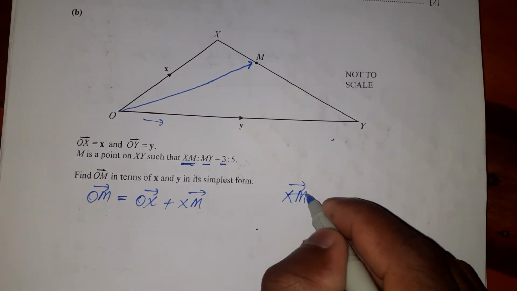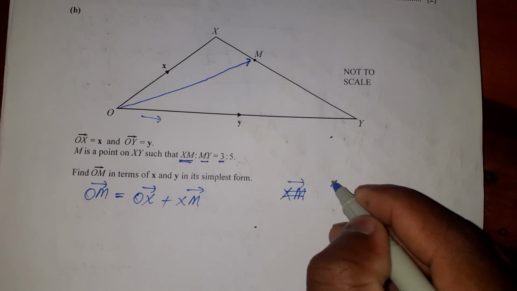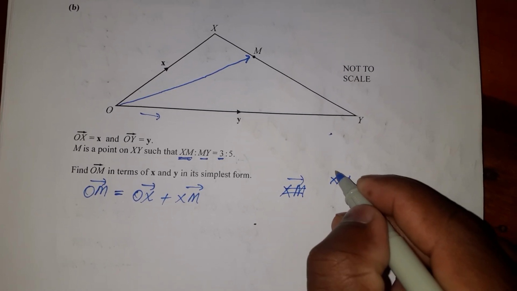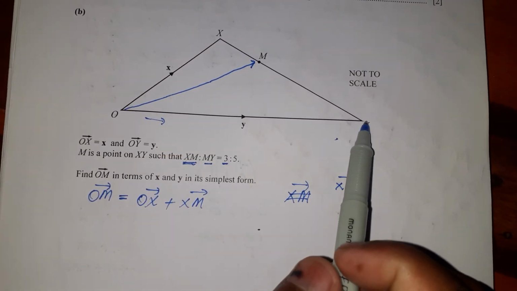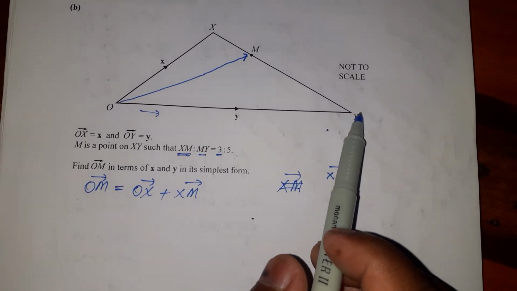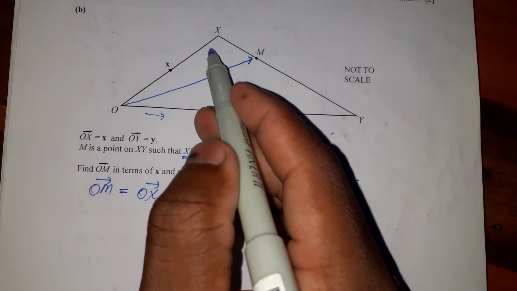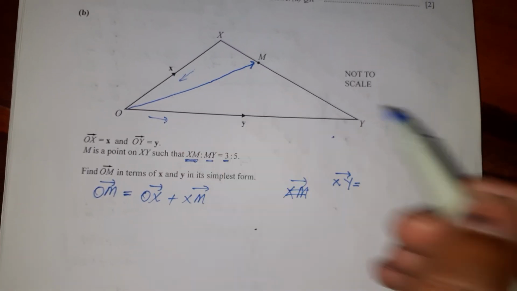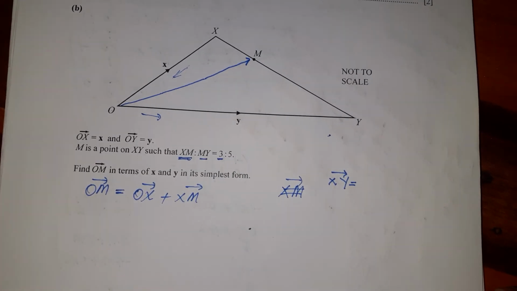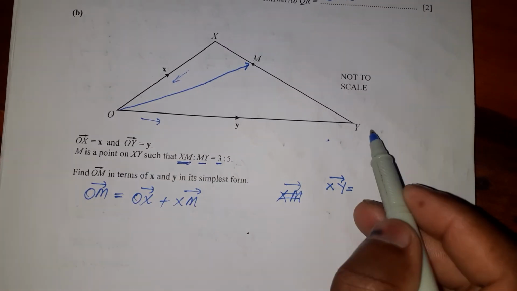Let me erase this. So let's get the vector XY. To move from X to Y, we cannot go straight like this. We have to come this way. We are opposing this direction up to O, and then from O we go to Y.